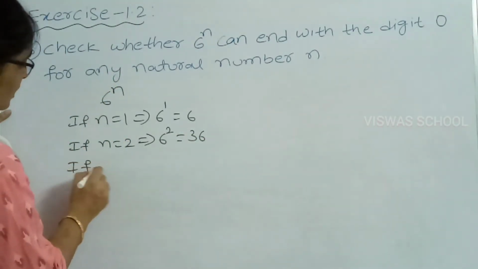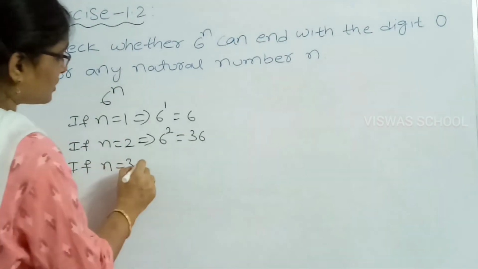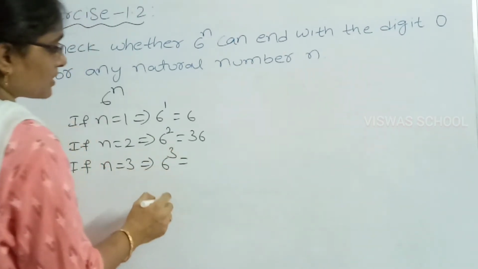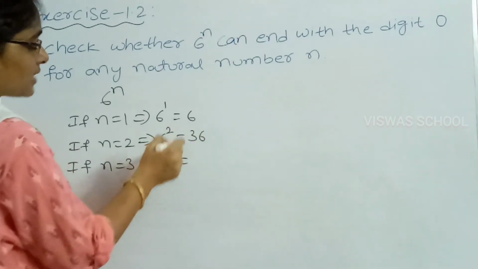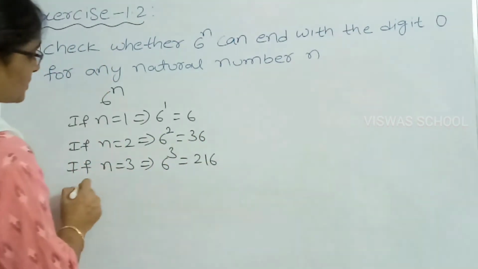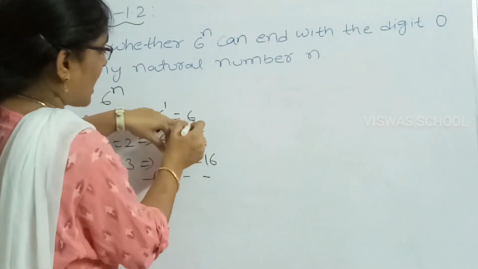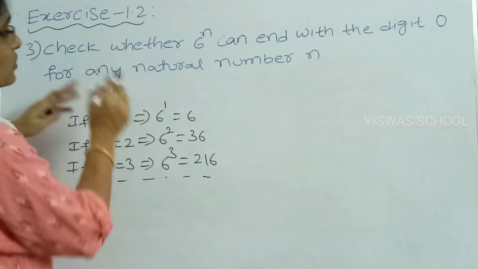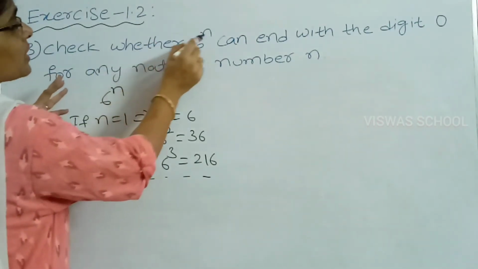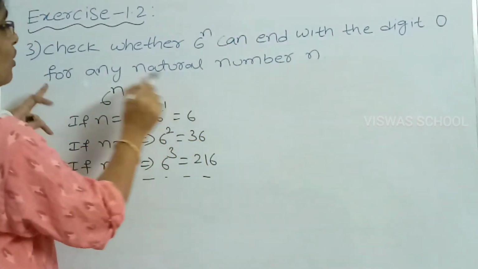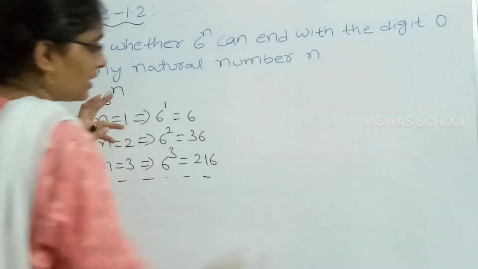And next, if n equals 3, that is 6 to the power of 3, it equals what? 6 6s are 36, 36 6s are 216. Once you observe all these, what is the last digit here? 6, 6, 6. Our question is, check whether 6 power n can end with the digit 0 for any natural number n.